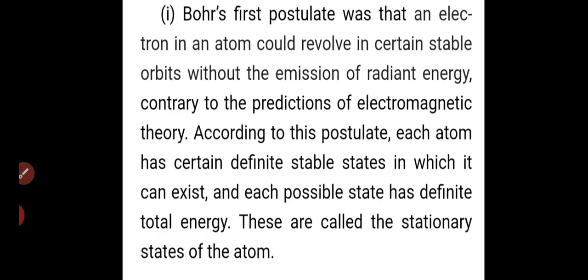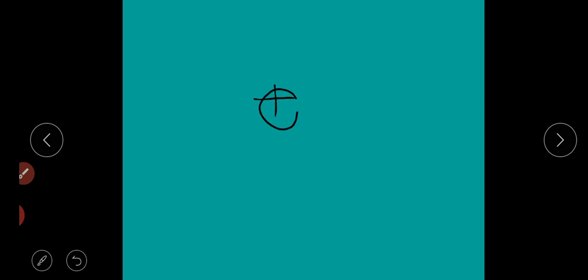Let us study the first postulate of Bohr. According to Bohr, an electron revolves around the nucleus with a fixed definite energy in a fixed path known as a stationary state, without gaining or losing energy. Suppose you have the nucleus.